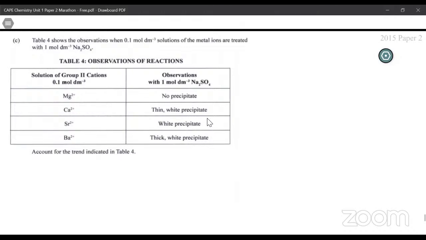You can observe that for magnesium there was no precipitate, then for calcium you see a thin white precipitate, then for strontium a white precipitate, and for barium 2+ a thick white precipitate. Now, first, you need to figure out what this question is dealing with. If you look at it, you can see it's solubility.